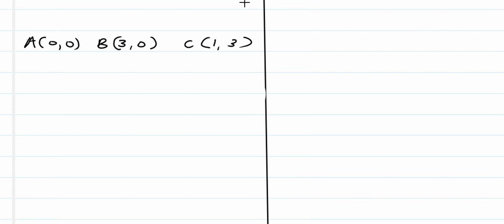These are the original coordinates, and our translation vector is given by (2, 2).